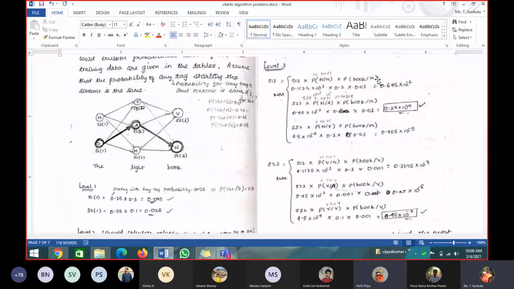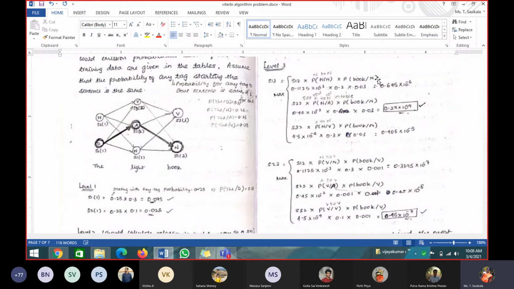What is the third combination? S32 into probability of noun given verb into probability of book given noun. So we have three combinations explained here for S13 alone. Please take those values properly from the table, multiply and find which is the maximum.